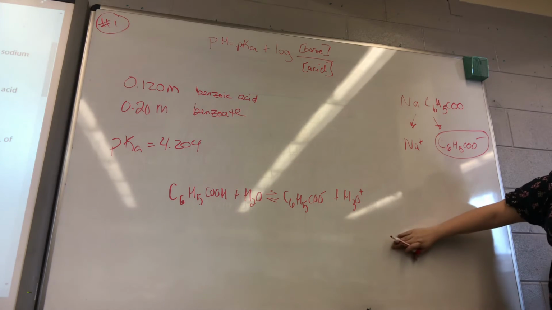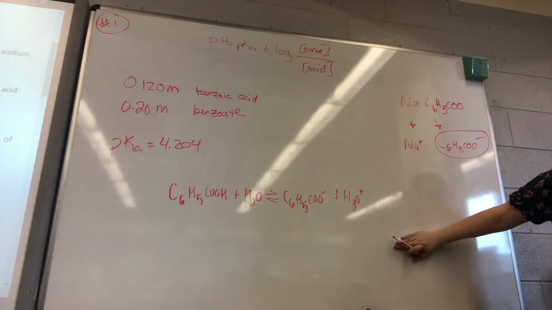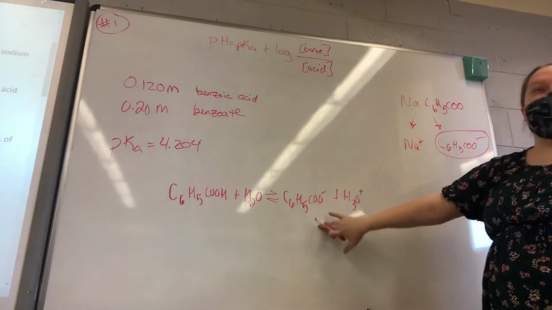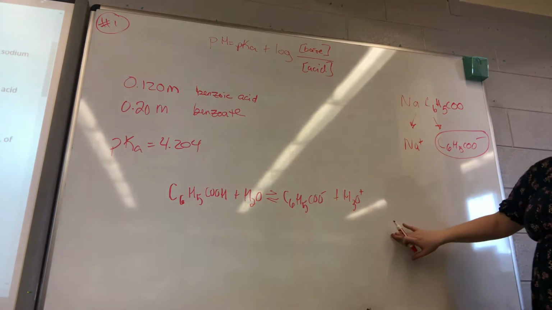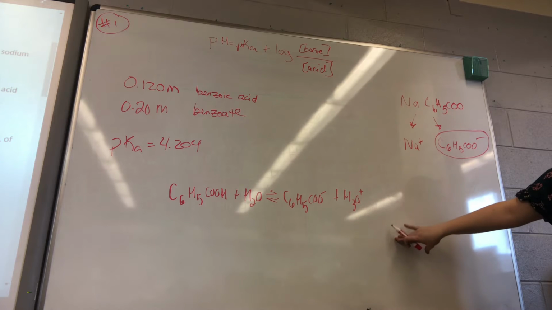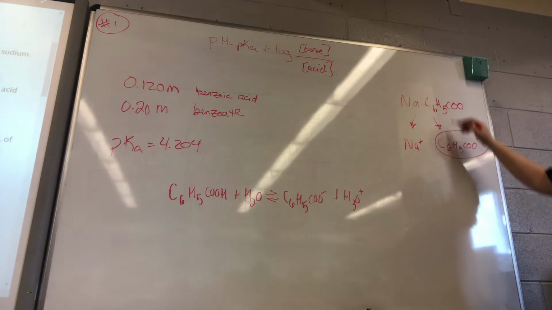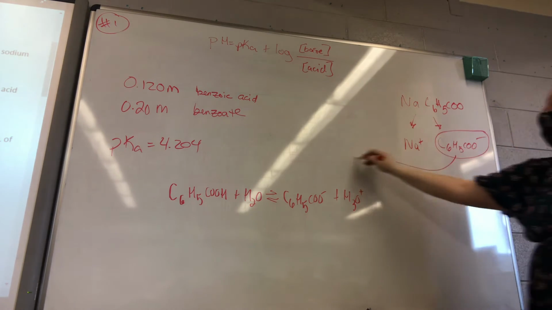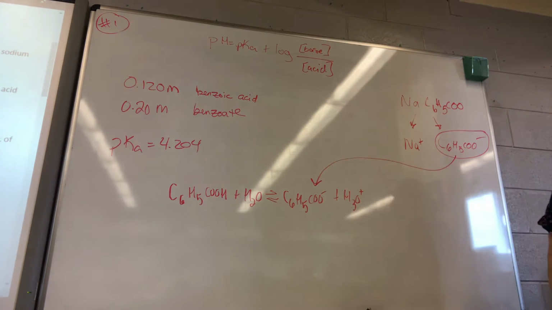This is the reaction we're dealing with, correct? We take our benzoic acid, add it to water, form the benzoate ion and H3O+. So this sodium benzoate that we were given must then be the conjugate base. Do we see that? Hopefully.